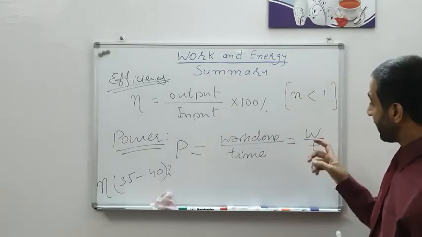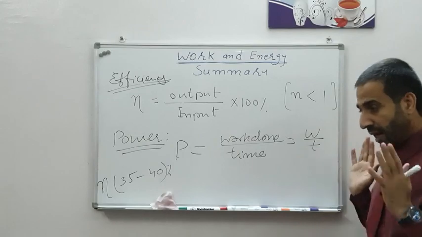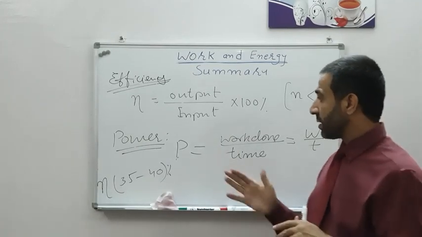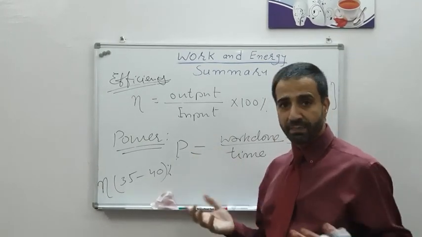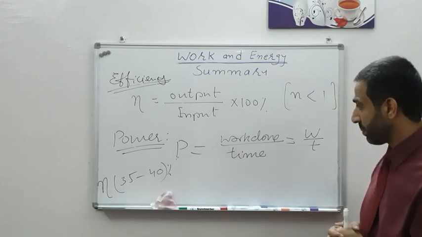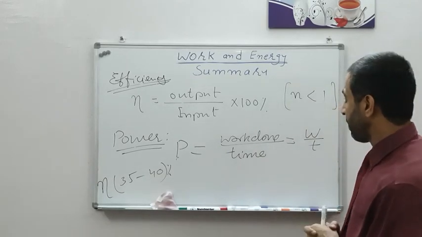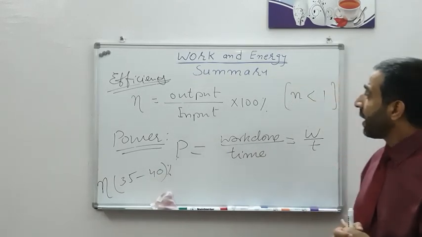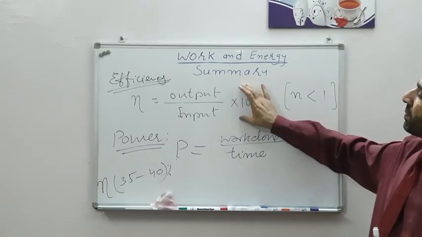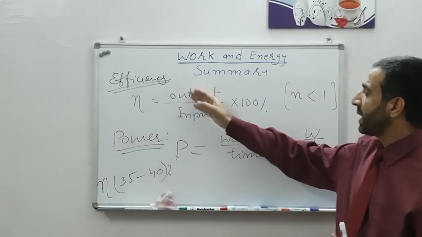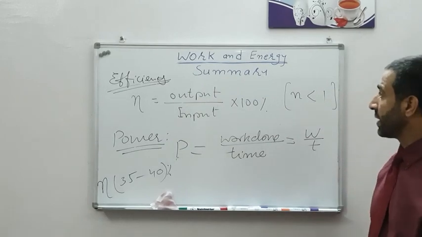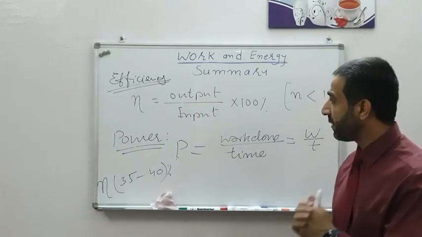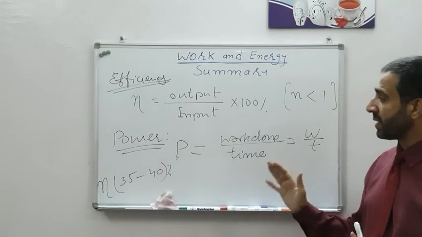Power is measured in watt, or in horsepower. There is horsepower also, the British unit of power. Efficiency has no unit. Why? Because it is the ratio between two similar things. So that is the difference between efficiency and power.